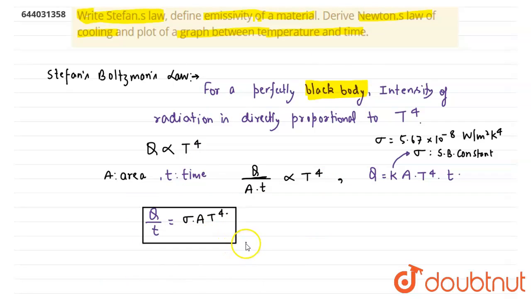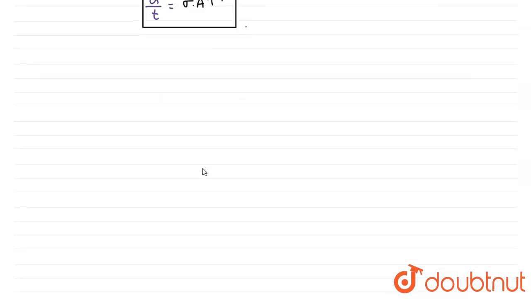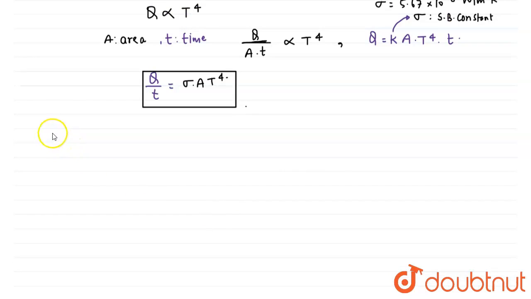Now the next part in this question is to define the emissivity of a material. So what is emissivity? Emissivity of a material. Actually, it is a property.